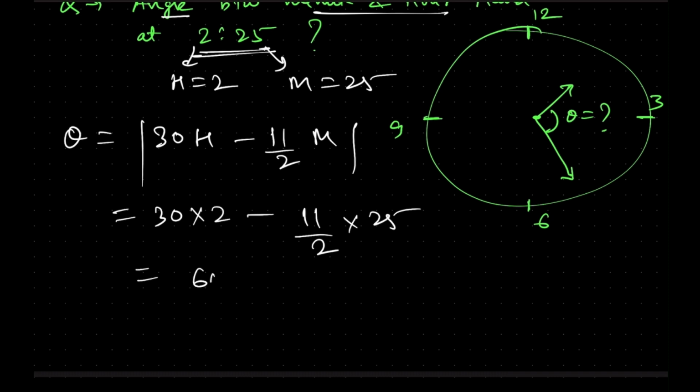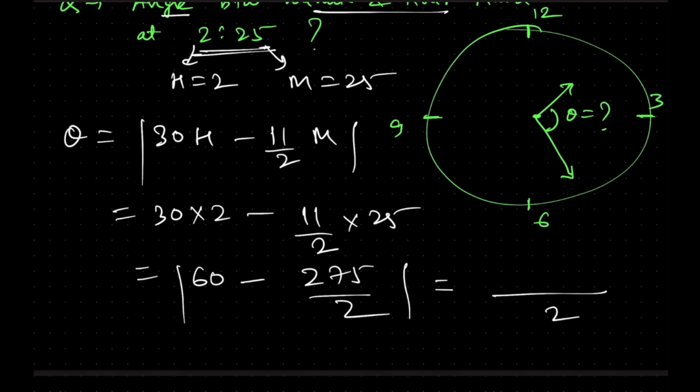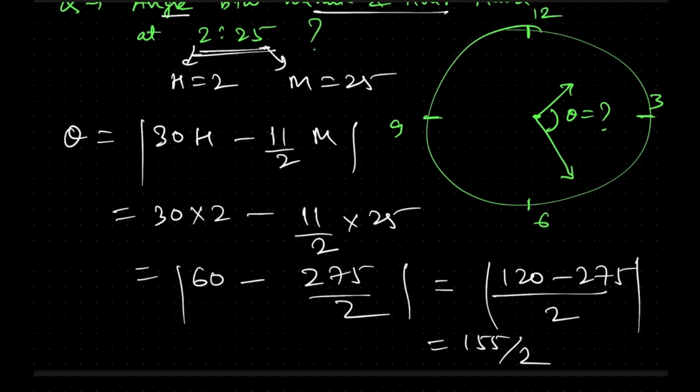So 60 minus 275/2, mod. So 120 minus 275, mod, over 2, it will be around 155/2, or 77.5 degrees, our final answer.